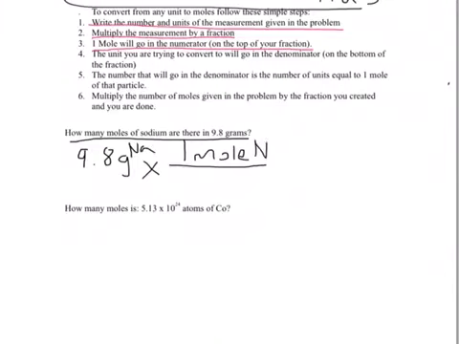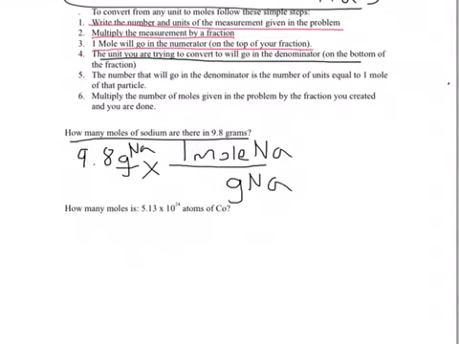This is 1 mole of sodium, which is Na, and it will go in the numerator of my fraction. The unit I'm trying to get rid of will go in the denominator. The unit I started with is grams of Na.